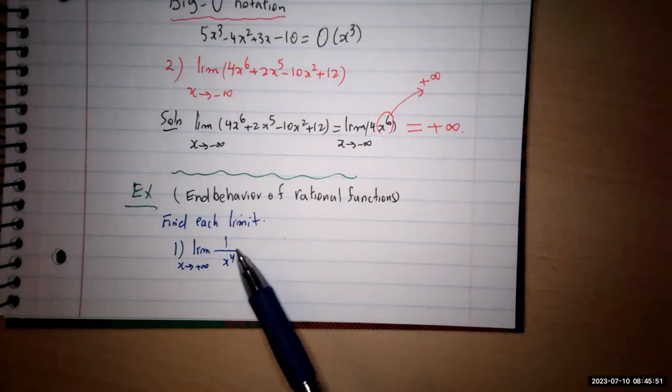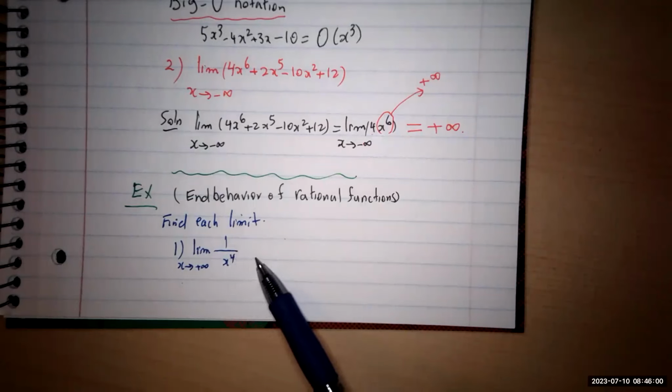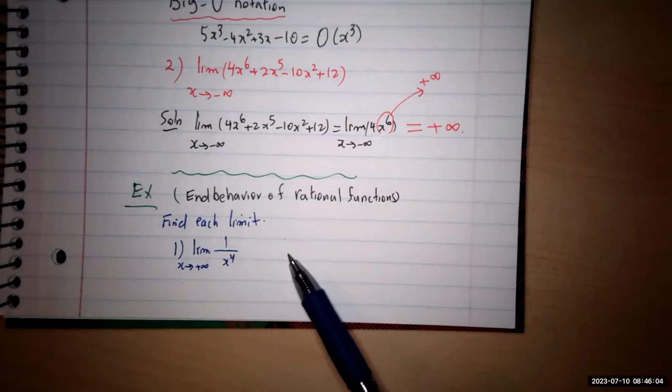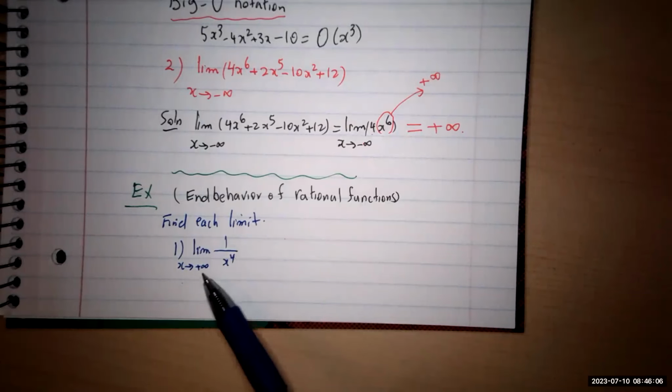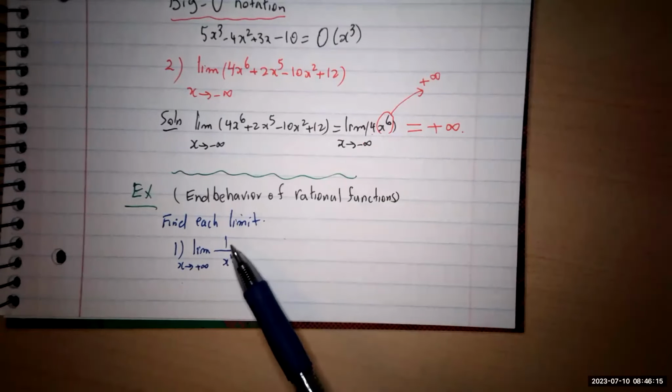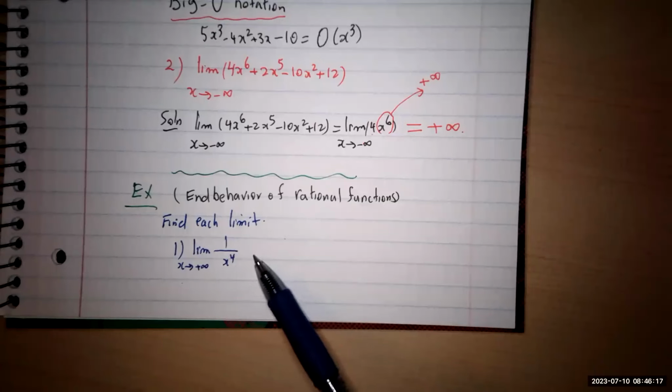So what you have is a fraction. The top is 1, if you like, but the denominator is getting bigger. When the denominator gets bigger and bigger, the fraction gets smaller and smaller and smaller. So when x goes to positive infinity, the denominator would be the biggest that we can think of, it increases without bound. In that case, the fraction would be just 0. So when x goes to positive infinity, the top is a fixed number.